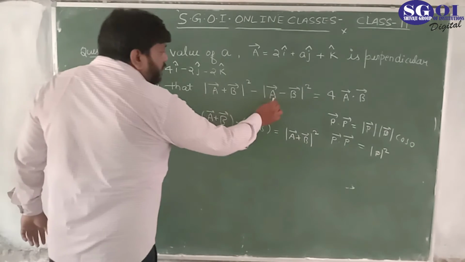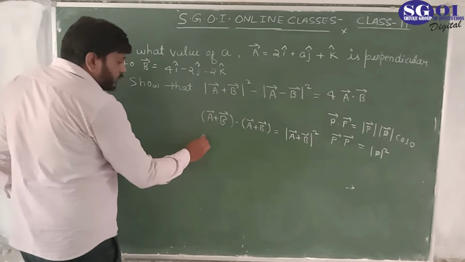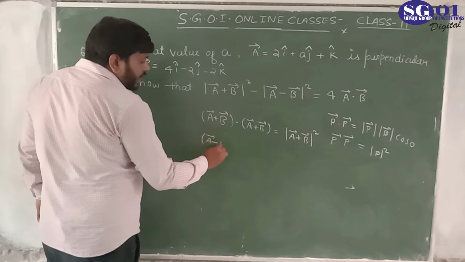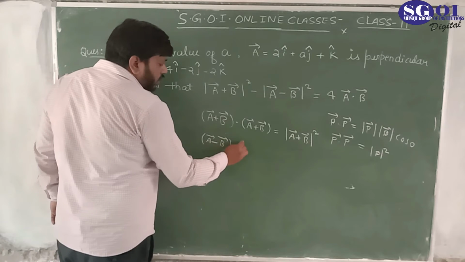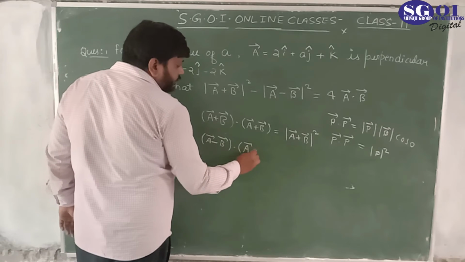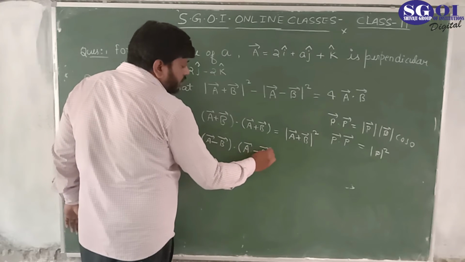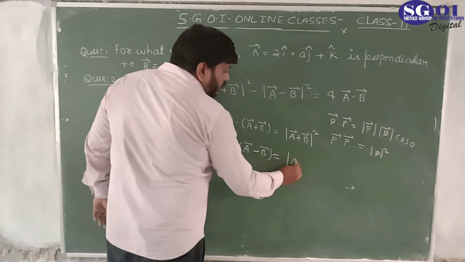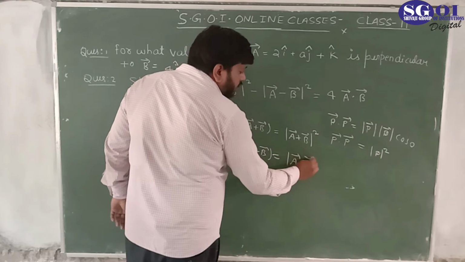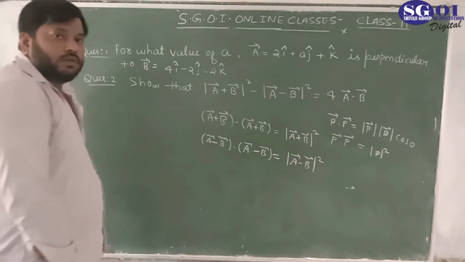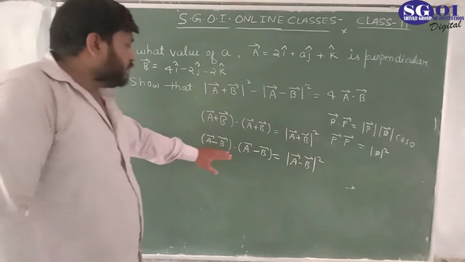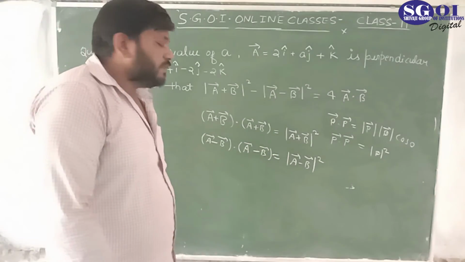In the same way, we can write a minus b dot a minus b equal to mod of a minus b whole square.